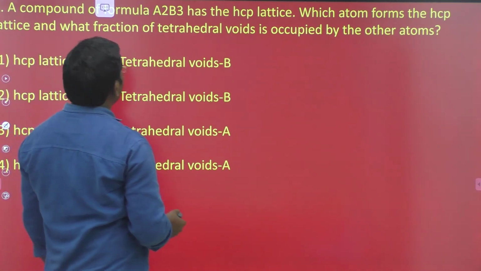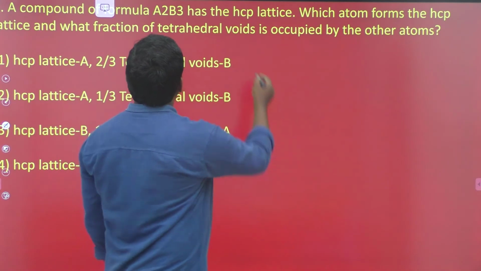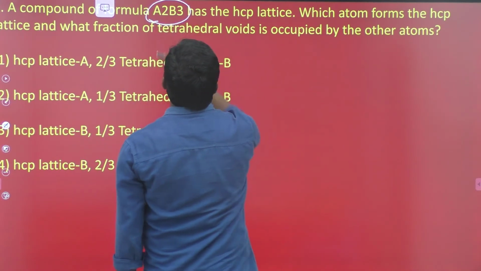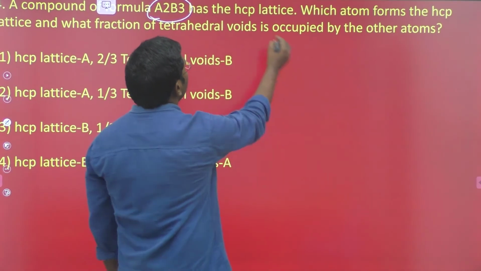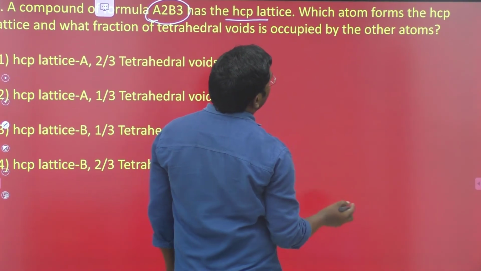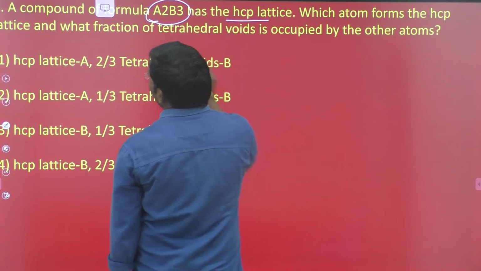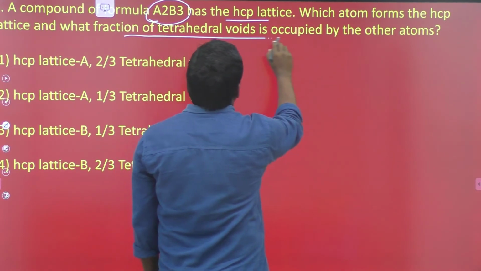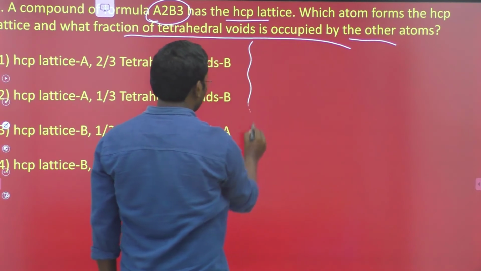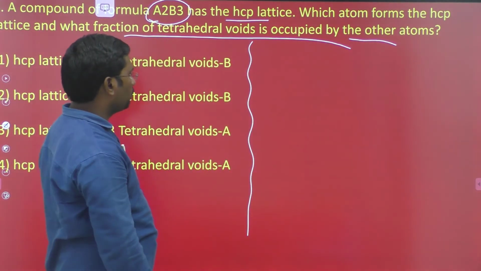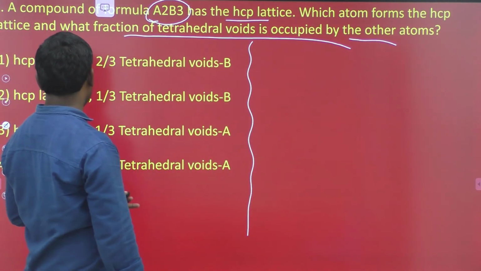And come to the next one, a compound of formula A2B3. A compound of formula A2B3 has the HCP lattice. Which atom forms the HCP lattice, and what fraction of tetrahedral voids is occupied by the other atoms? Four options are given here.